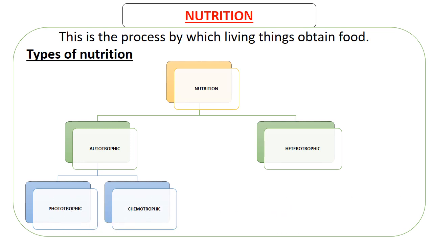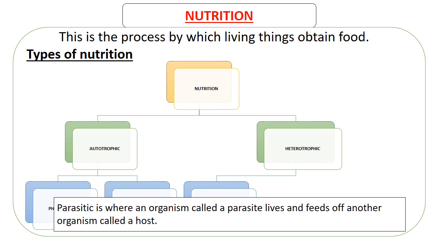If we go to heterotrophic nutrition, there are 3 types of heterotrophic nutrition. The first is parasitic. Parasitic nutrition is defined as a type of nutrition where an organism called a parasite lives and feeds off another organism called a host. So this is where you sit on your food and you eat your food.